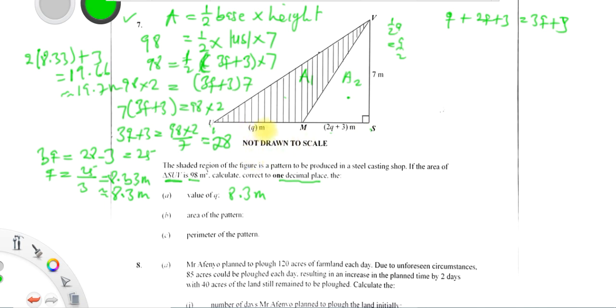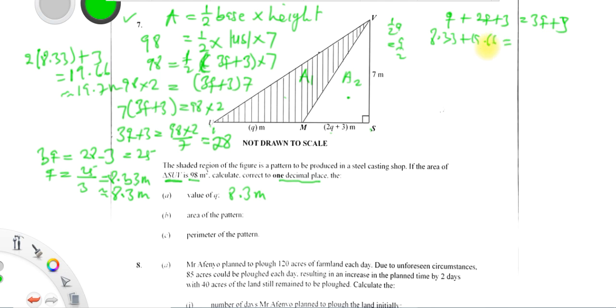So it means that we have this side. Q is 8.33, so the whole of this side is 3Q plus something. So 8.33 plus 19.66 plus 19.66, you get the whole thing.